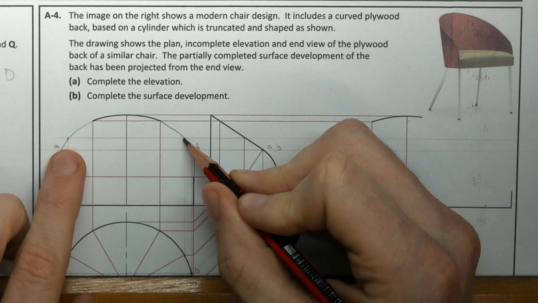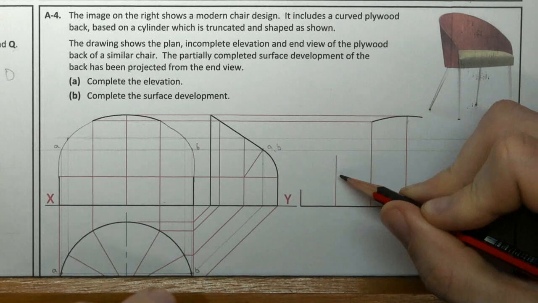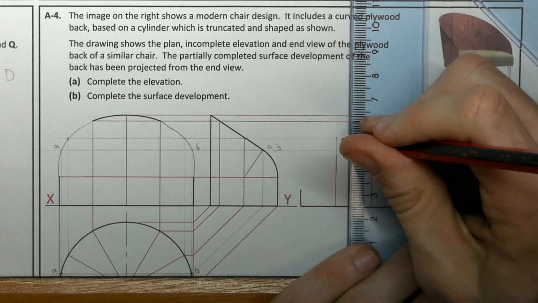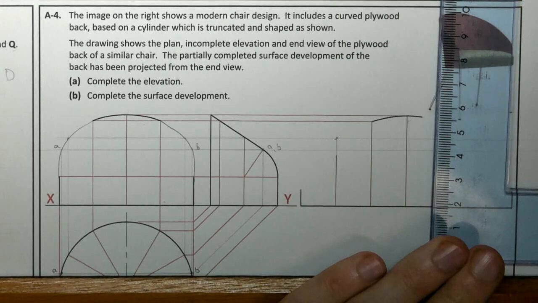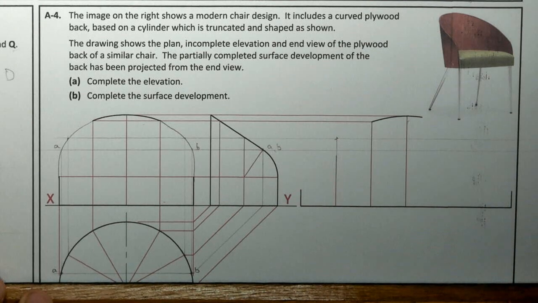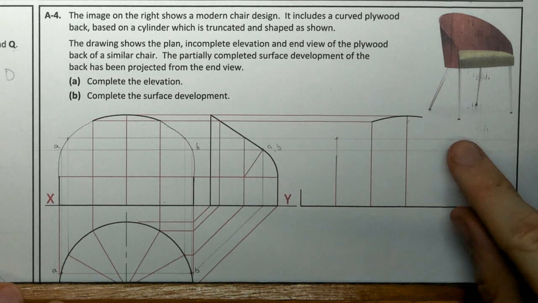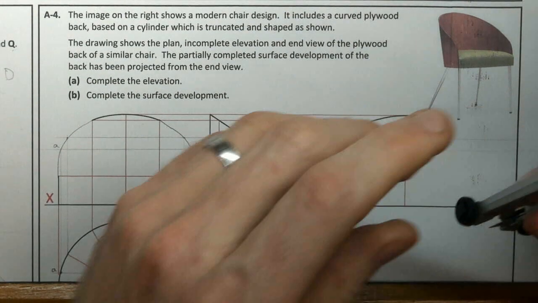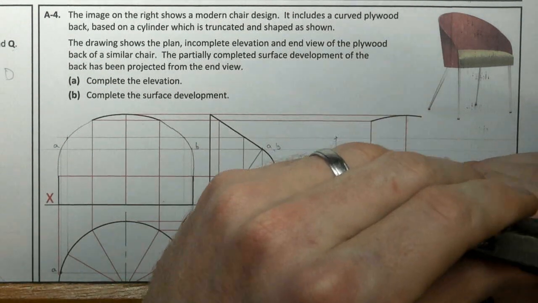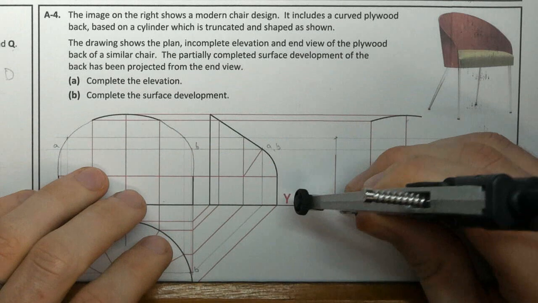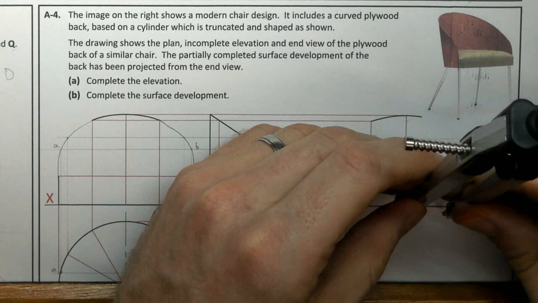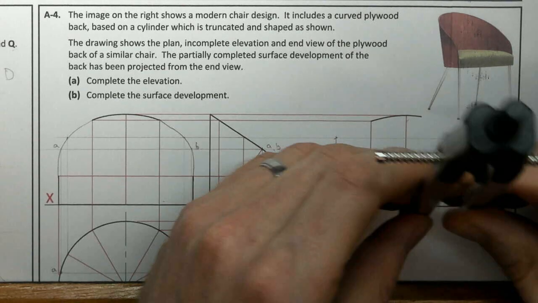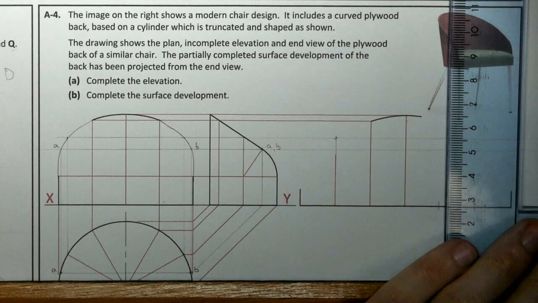Those 2 generators, which have been indicated to us here, let's project up one. That's one height, and we need to find the other height, which will be across here. So let's locate those generators. The distance between all the generators is the same, so let's mark them off: 1, 2. Project them up to show.